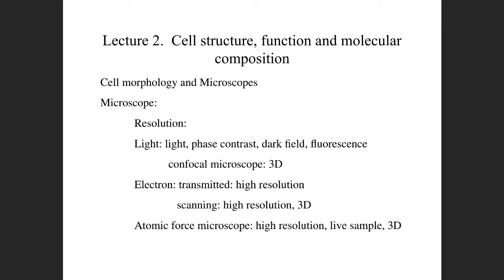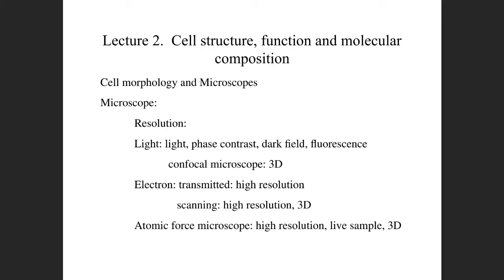One is the light microscope, the optical light microscope. The resolution is about 0.2 microns. But that's the regular light microscope, and we've come to rely on lots of improvements over the years to improve the resolution, right?